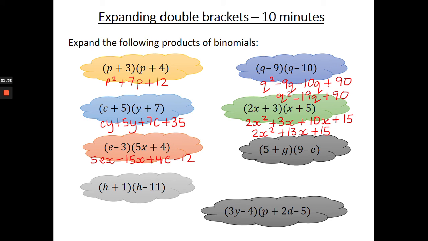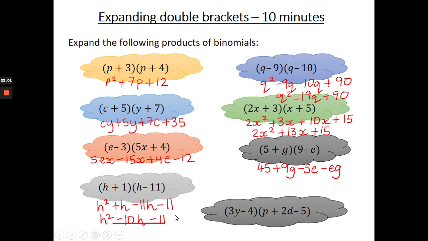Then this one we have 45 plus 9g minus 5e minus eg, and nothing is the same here, so that stays as that. Then here we have h squared plus h minus 11h minus 11, which simplifies down to h squared minus 10h minus 11.